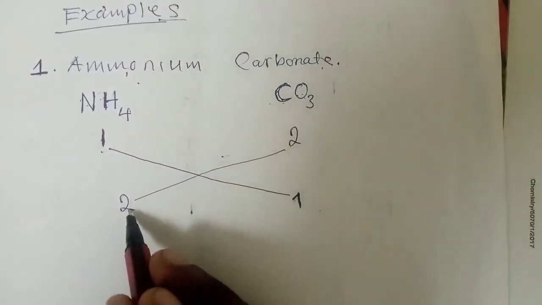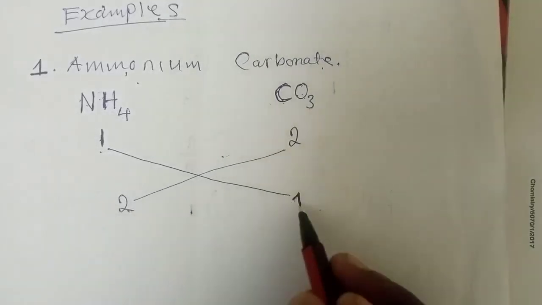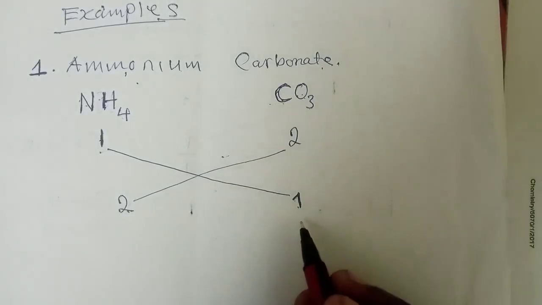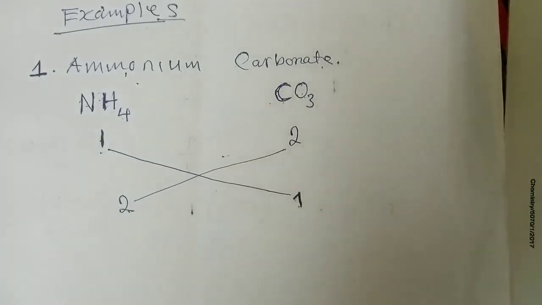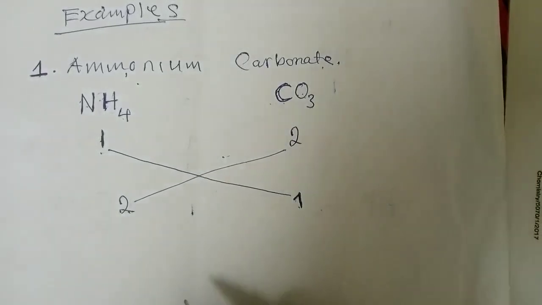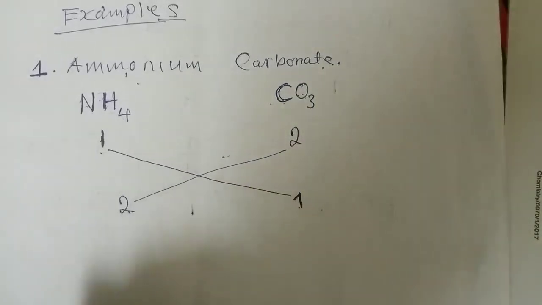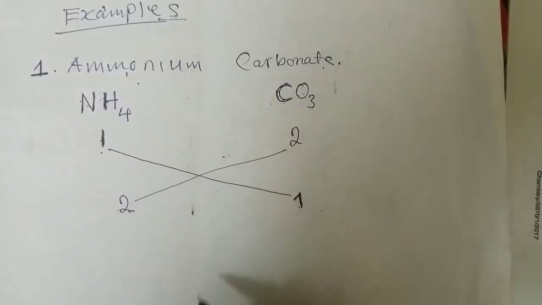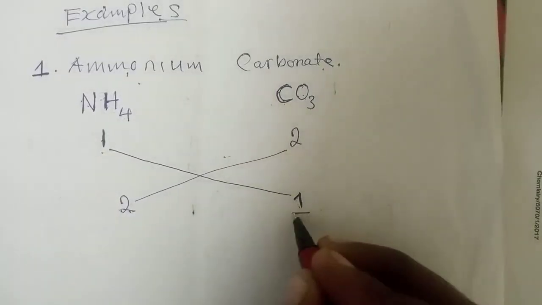What number can you divide into 2 and 1 without leaving a remainder? Without leaving a remainder means that it leaves a remainder of 0. So what is the number that you can divide in both numbers to give a remainder of 0? And that is 1.